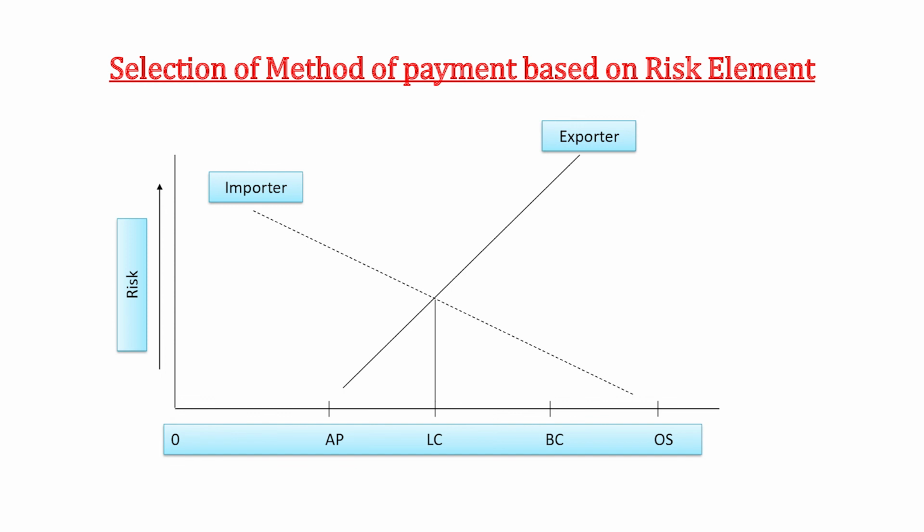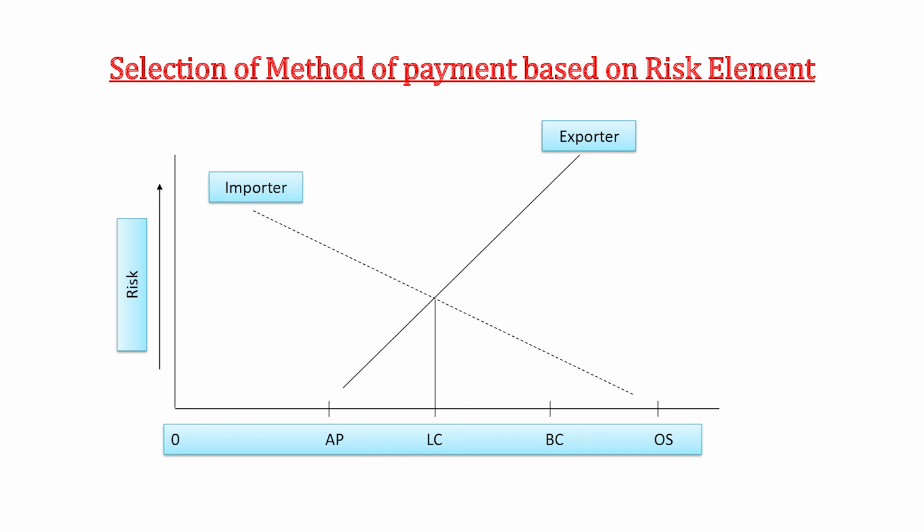As an exporter, you must understand risk is high, risk is low, and depending upon the risk, from this figure, it is very clear to you that for the exporter, advance payment has zero risk. Only one obligation is there, that the exporter has to do shipment. It is controlled by the bank which has received the advance payment, that the exporter is making the shipment. Otherwise, zero risk to the exporter.